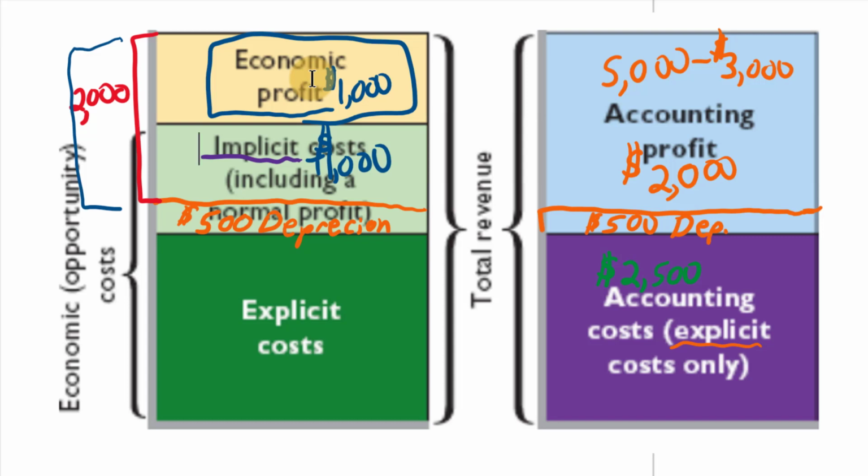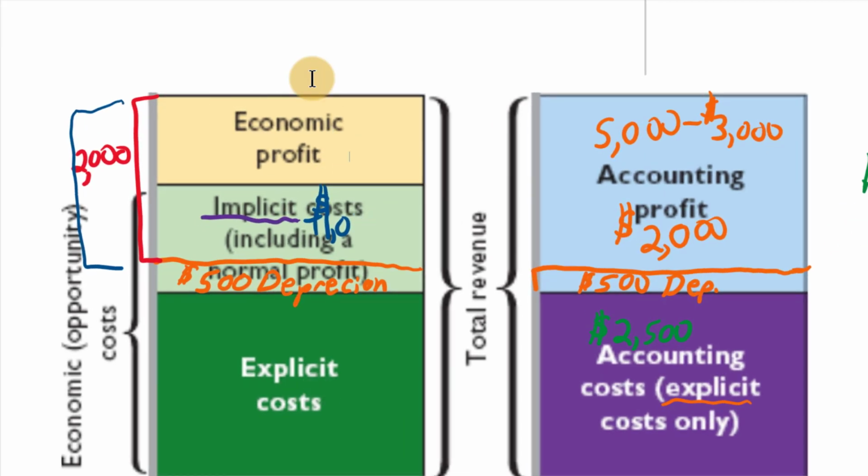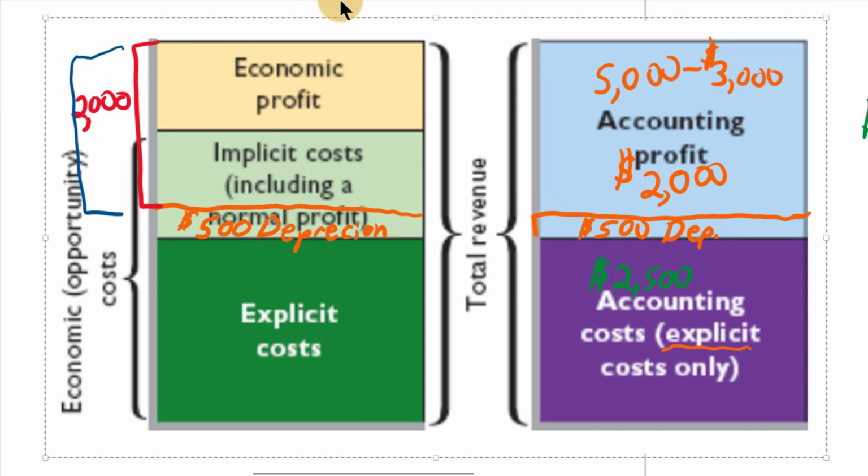Now, if you had a negative economic profit, here's what we'd be saying: your accountant says you're making $2,000. But when you think about it, you say, hey, I'm only making $2,000, but if I sold the farm and invested that money, I could make $2,000 from just doing that. And I could take the time that I've been spending organizing and managing this business to go get a job somewhere else earning $1,000.